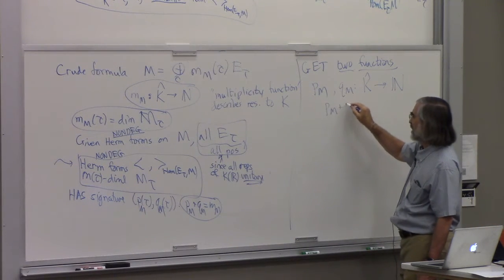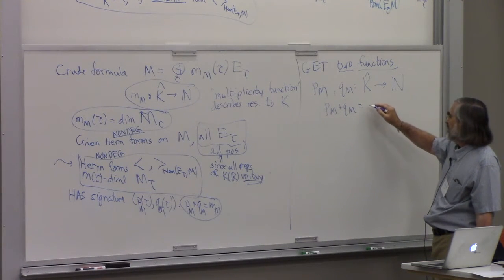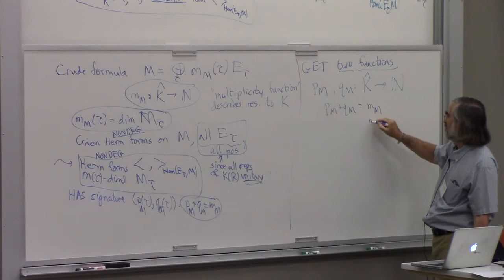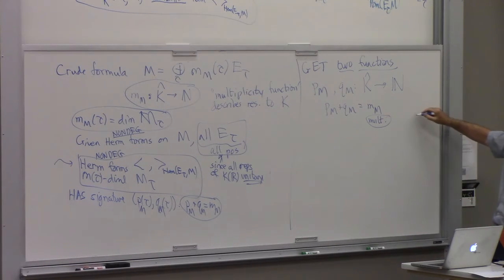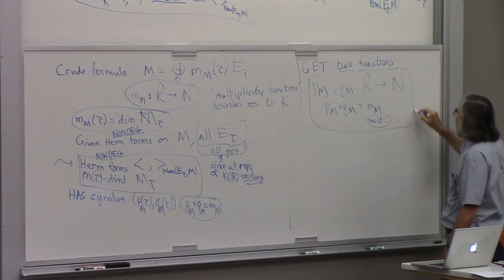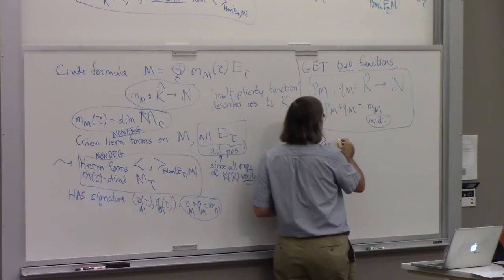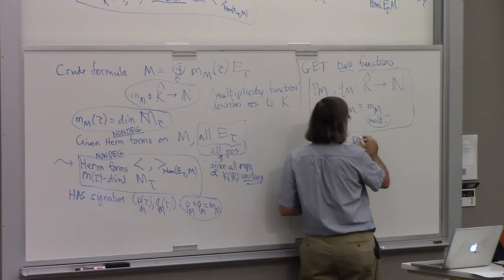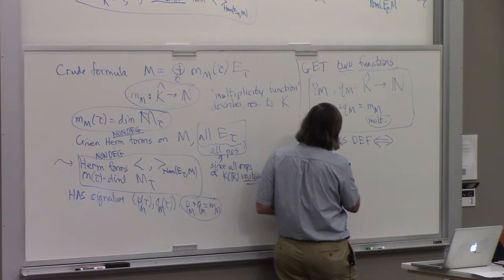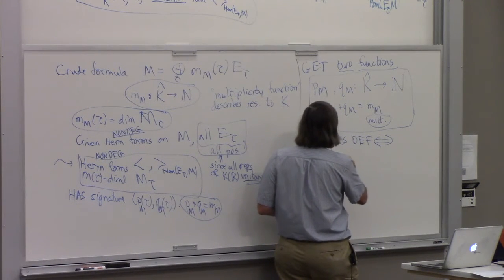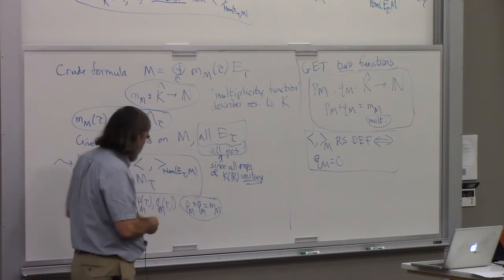And as I say, PM plus QM is equal to M sub M, this multiplicity function. And this form on M is positive definite if and only if QM is 0. That's the story.